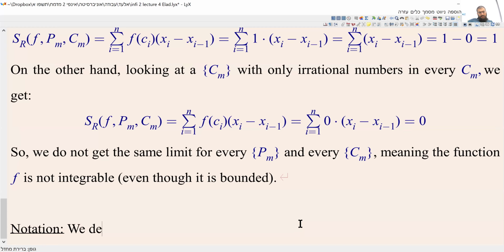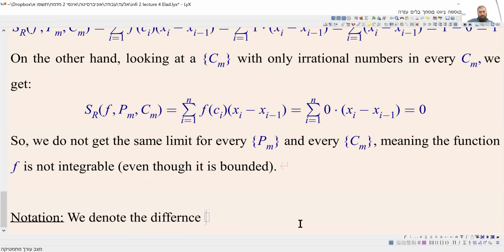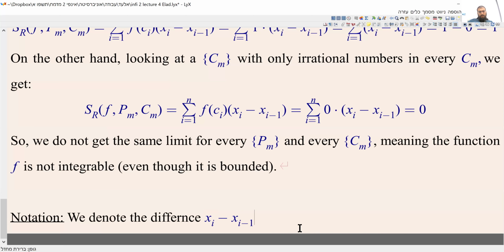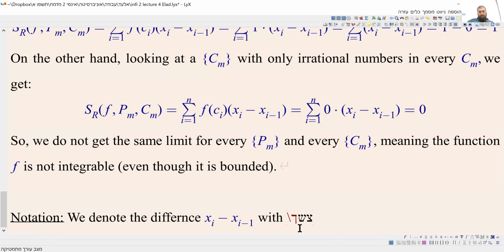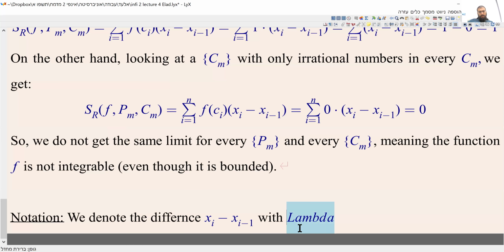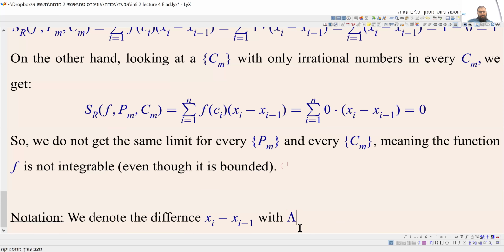We denote the difference xi minus xi minus 1 with, no, not lambda, it's big lambda.